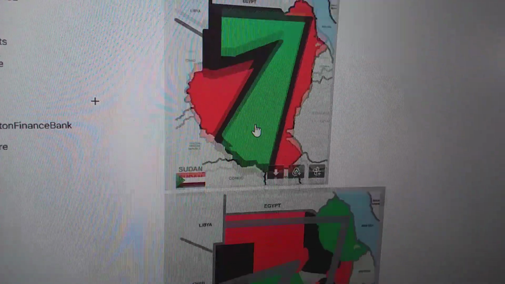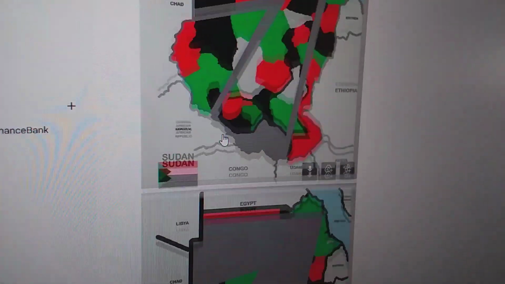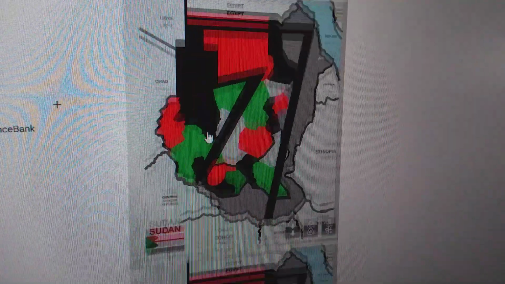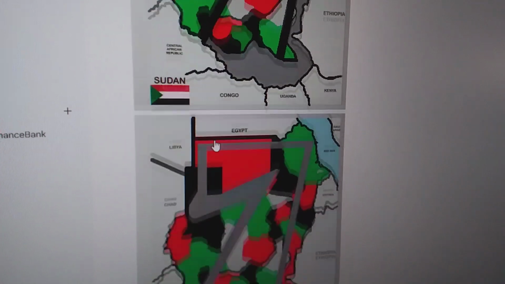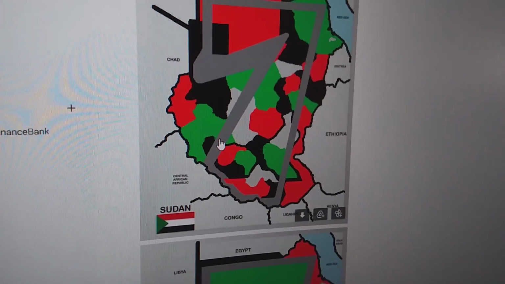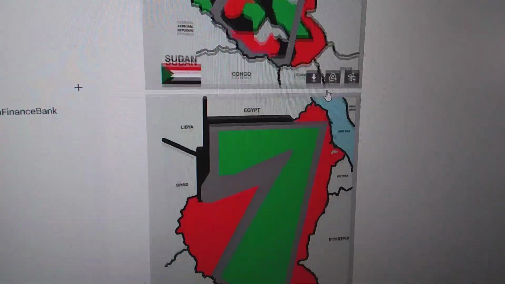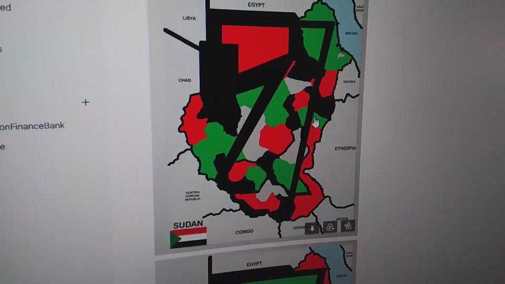That is basically Sudan trebles. Then basically to do very much with the Sudan. That is the Sudan here, Sudan there, and the Sudan actually right there. You can see we have Sudan only right there, and the configuration of Sudan.